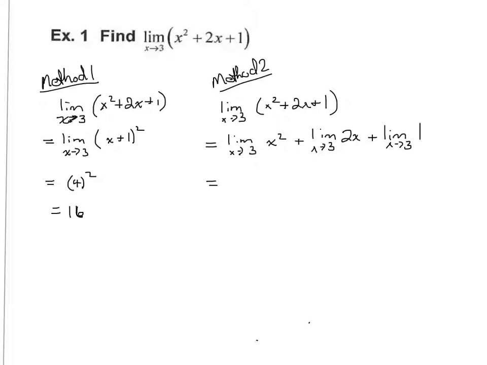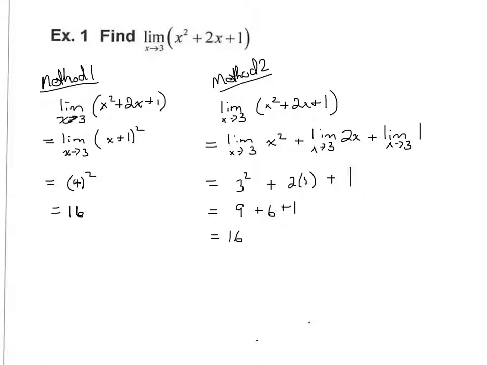And what's going to happen, of course, is that for our x squared, thinking of the graph or a table of values, we will end up with 3 squared here. With our nice linear line, we will end up with 2 times the value of 3. And the limit of x approaching 3 of 1 is always going to be 1, so it's still left there. So we have 9 plus 6 plus 1, which is also 16.